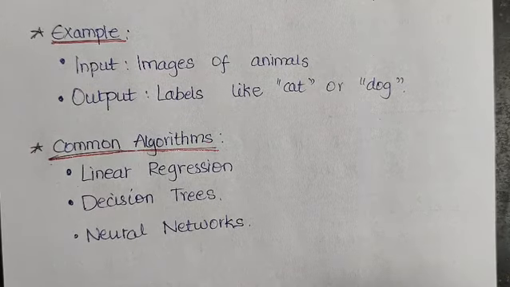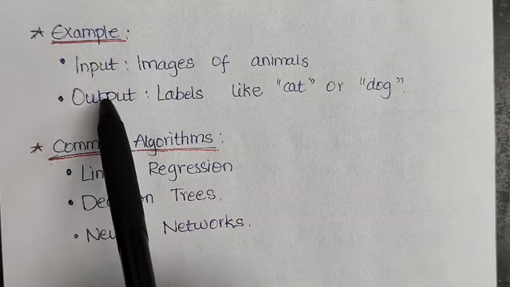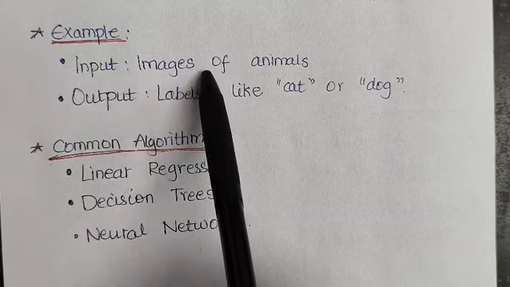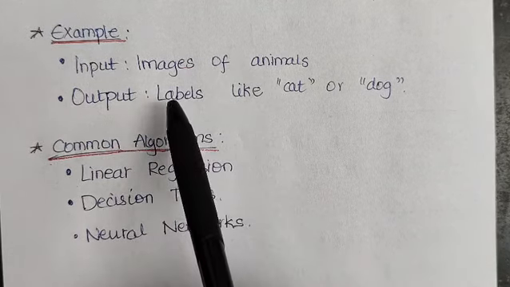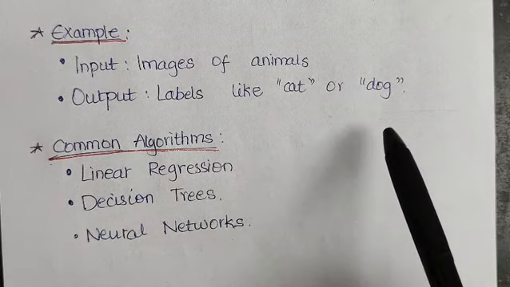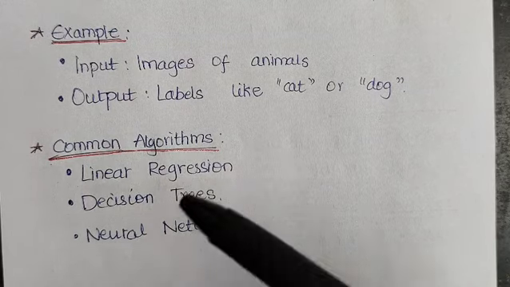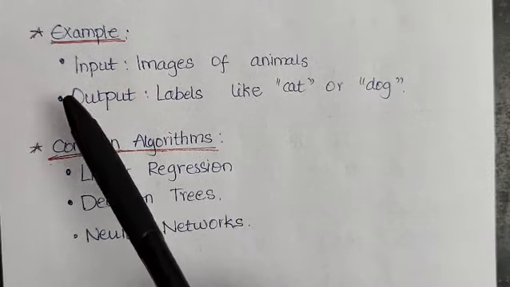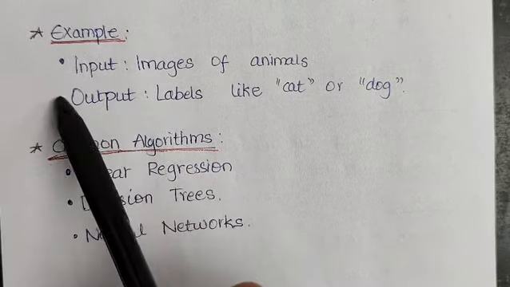We will train the model using both input and output: we give images of animals along with the output labels like cat or dog, and then we give another input and make the model predict the output based on the input and output pairs that we have given. So this is called labeled data.